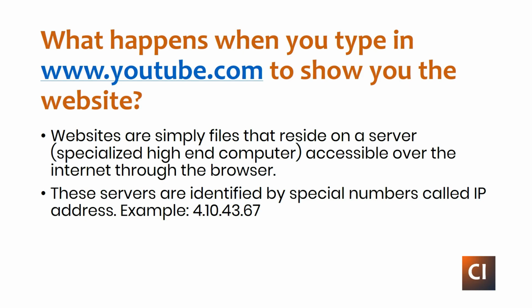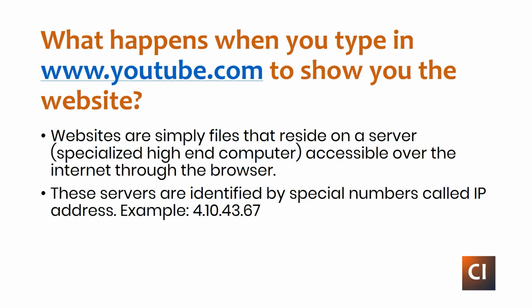So let's say 4.0.43.67. There are these numbers, but how do you know the YouTube server numbers when there are a lot? Imagine you have to learn this by rote for all the websites that you visit. It's going to be very, very tricky.